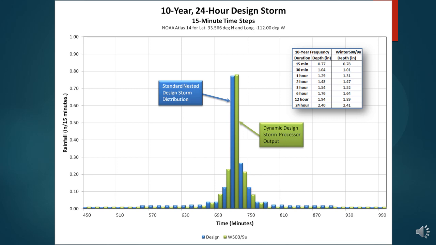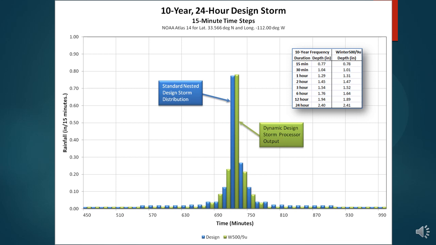And you can see in the little table insert, the 10-year frequency from the standard design storm is in the middle column on the right, is the design storm that was created, or the amounts that were created from the dynamic storm processor. So that's really promising. I mean, it does a couple of things.